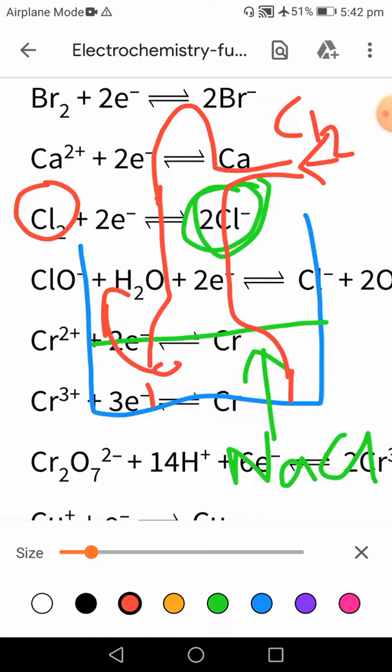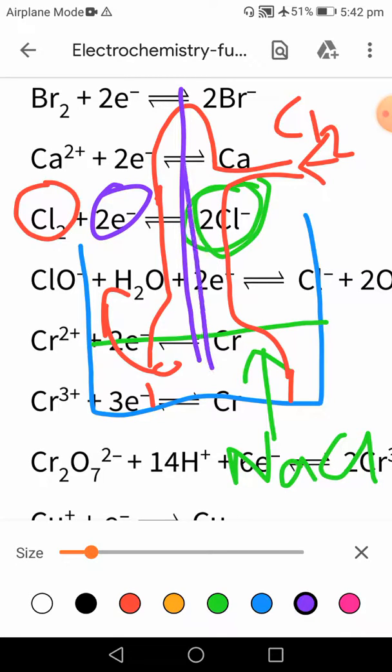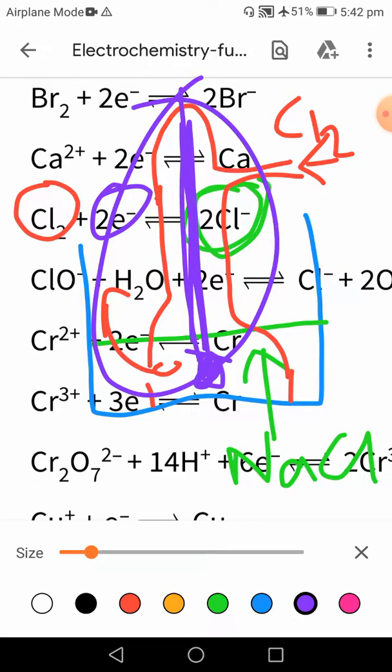Now I will give electrons. This is the platinum I'm supplying. So this platinum wire is a source of electrons. When gas is present, you must use gas tubes.